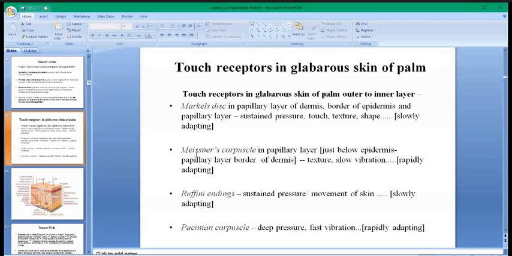Meissner's corpuscle and Pacinian corpuscle, they are rapidly adapting. A noxious stimulus, a harmful stimulus which causes pain, is also slowly adapting. That is why we cannot ignore pain. Am I clear? So Merkel's disc is slowly adapting.